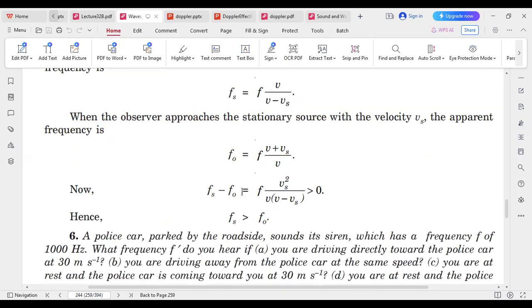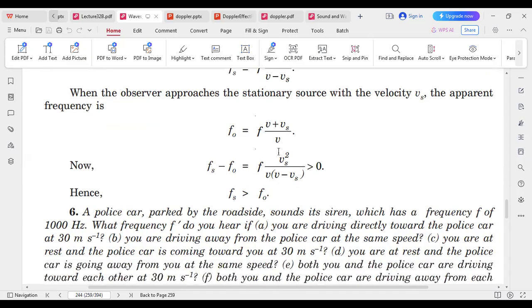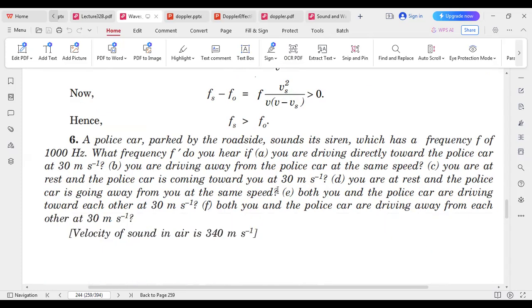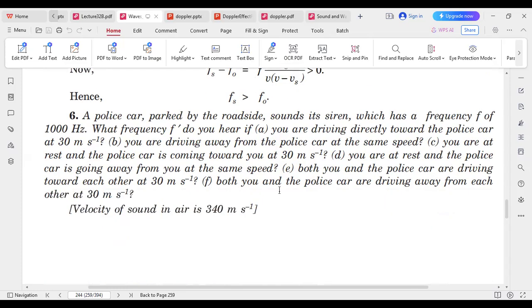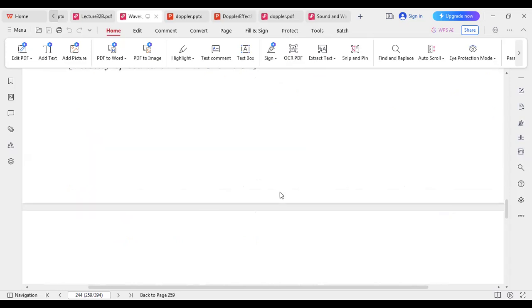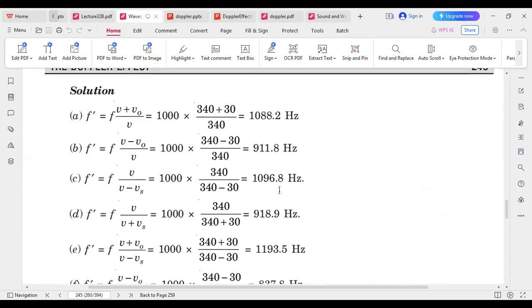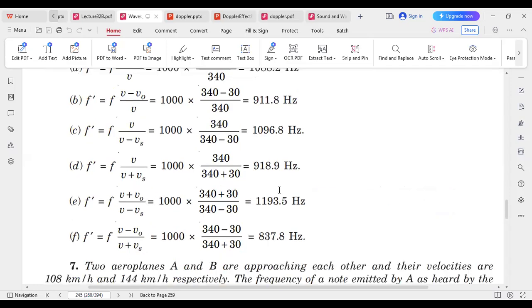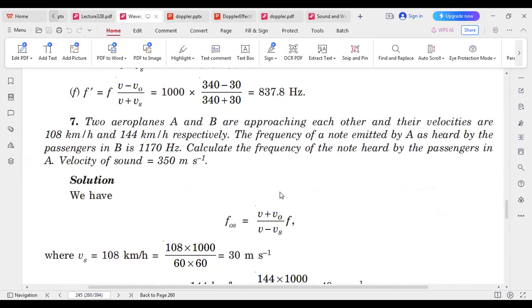Now, the difference between these apparent frequencies is this. From this equation, you must have the source frequency greater than the observed frequency. This is another application.